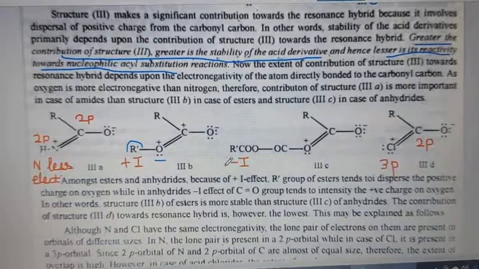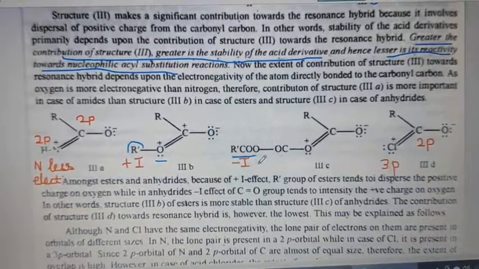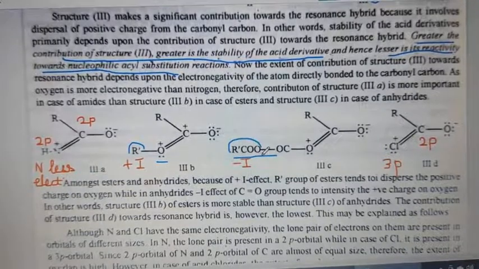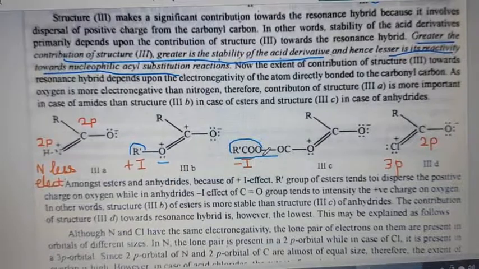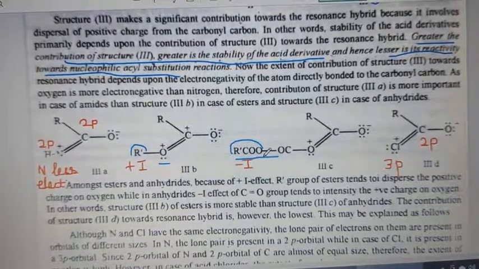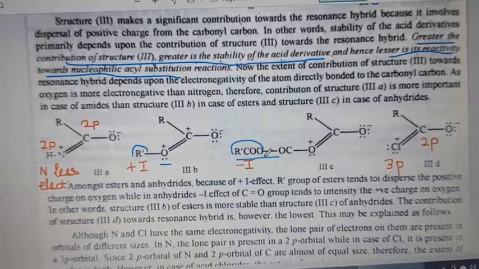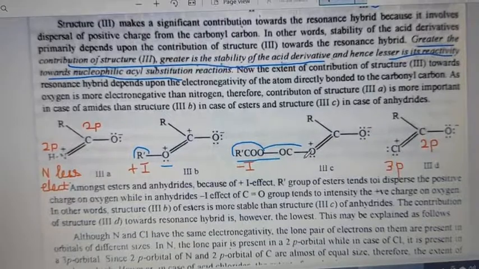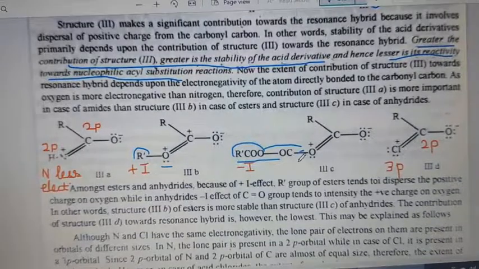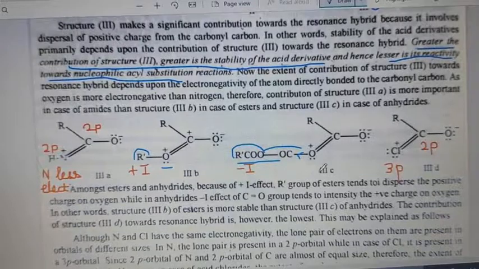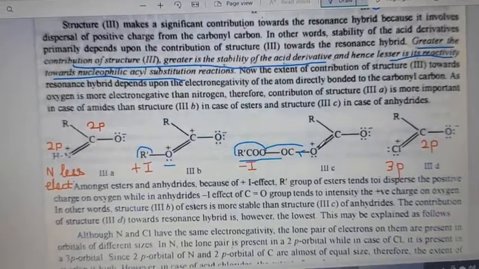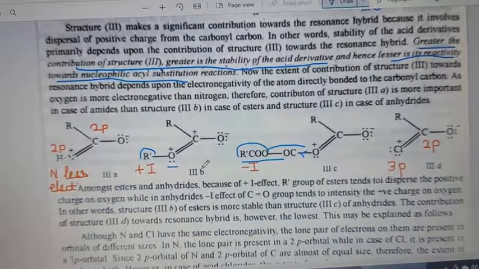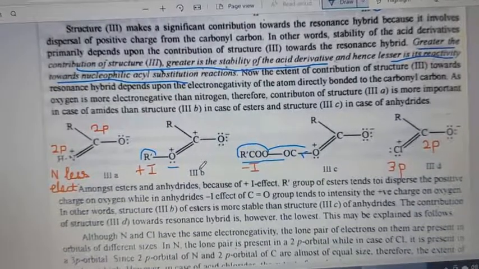But in case of anhydrides, this group RCOO negative has a minus I factor. It withdraws electrons towards itself. So it intensifies the positive charge on oxygen. So this structure is even less stable as compared to structure B in case of ester.